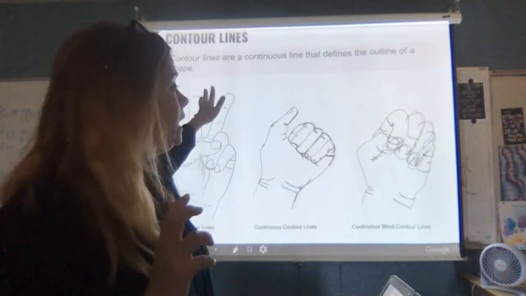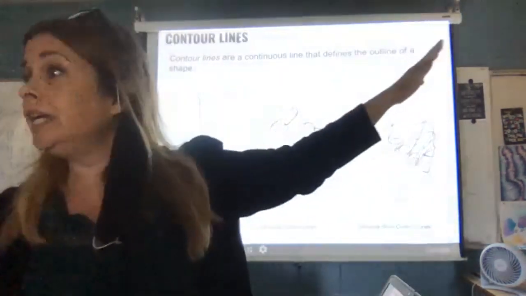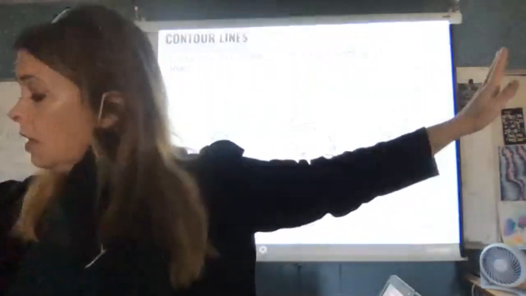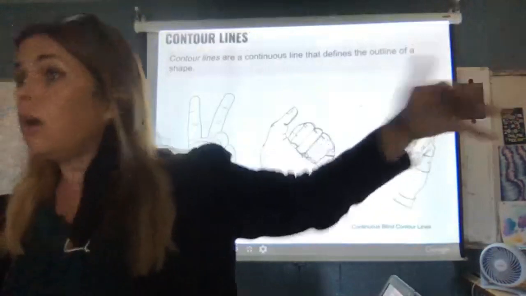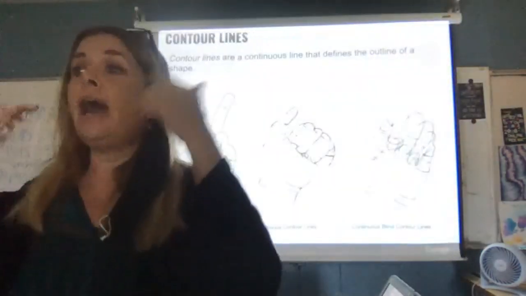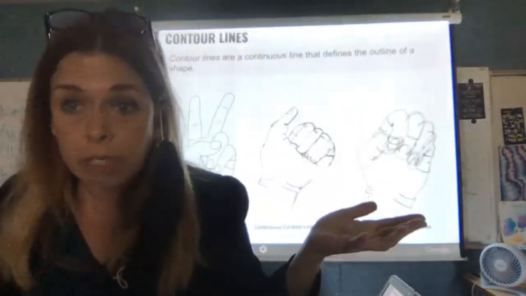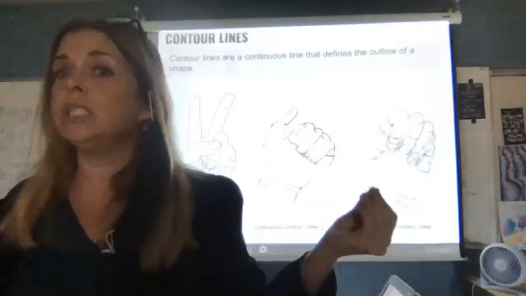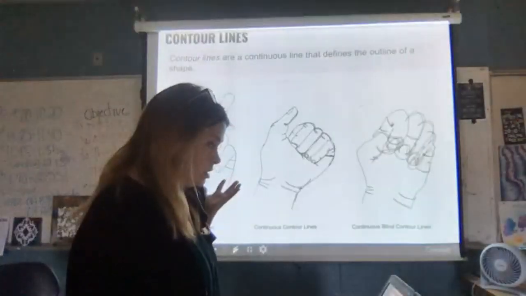Meaning if there was a dead body here in the room and they took the body to the morgue, there would be a taped outline around the body. But it would not have all the details. It would not be a drawing of the body. It would just be an outline. Contour line drawing is legit a line drawing.